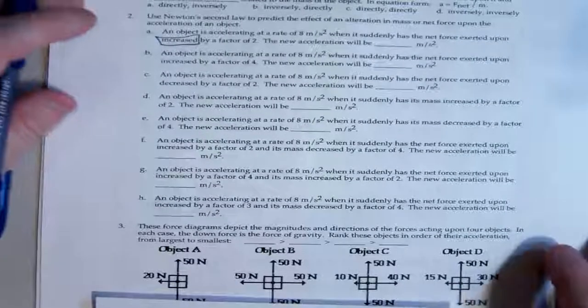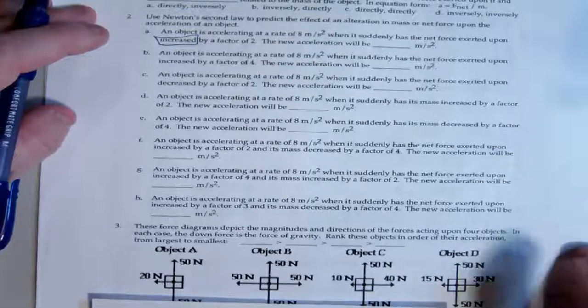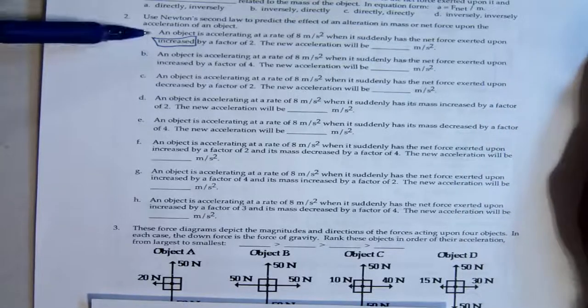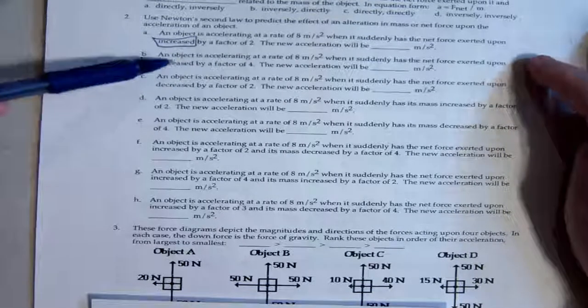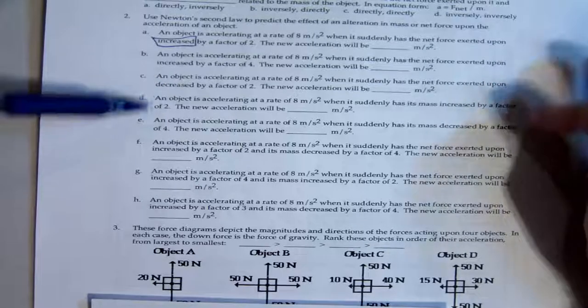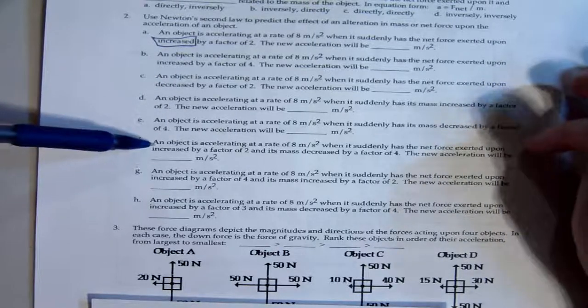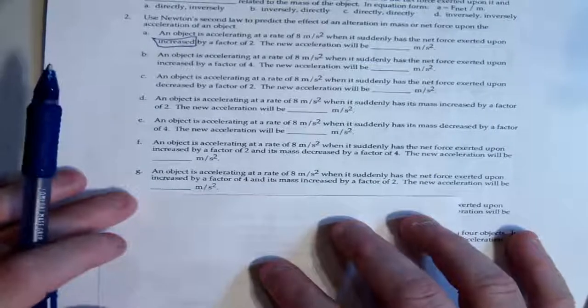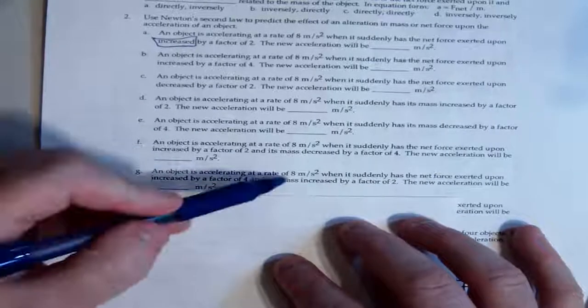So let's pick another one. Let's look at one where the mass increases. Which one does the mass actually increase? Mass decreases. Okay, let's look at 8. Mass increases. Let me turn this upside down. So an object is accelerating at a rate of 8.